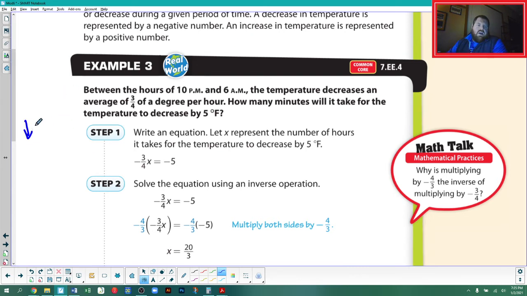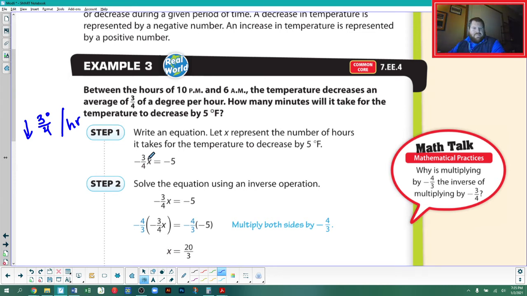It's going down 3/4 of a degree per hour. How many minutes will it take for the temperature to decrease by 5 degrees? Okay, so they're mixing hours and minutes with us here.